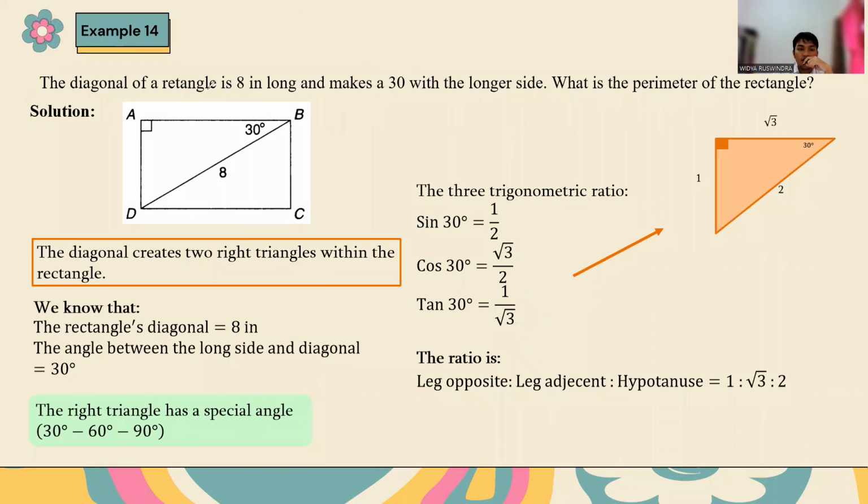We have the 8-inch diagonal, which makes 30 degrees with the longer side. The diagonal creates two right triangles within the rectangle. We know that the rectangle's diagonal is 8 inches, and the angle between the long side and the diagonal is 30 degrees.